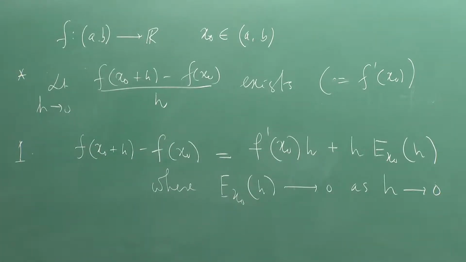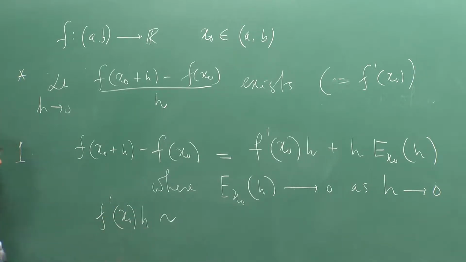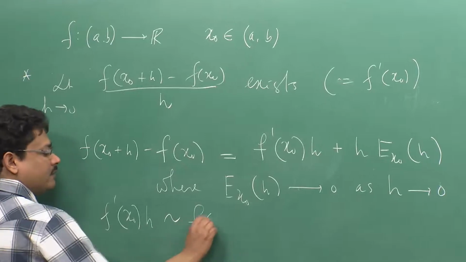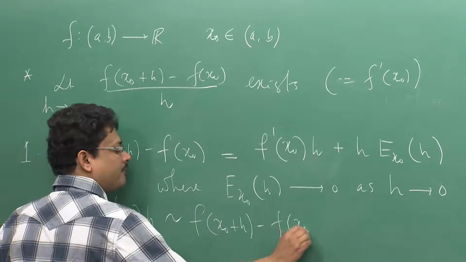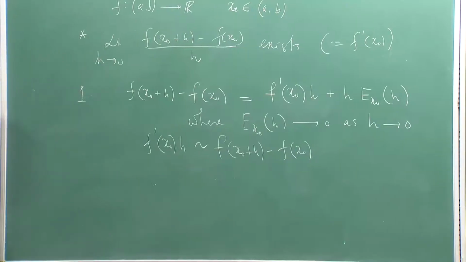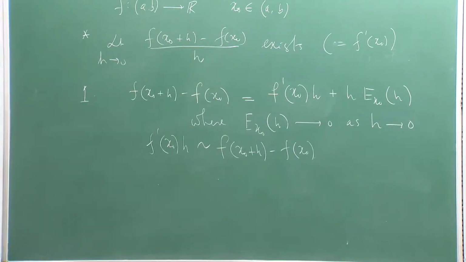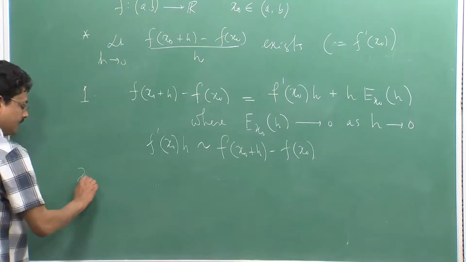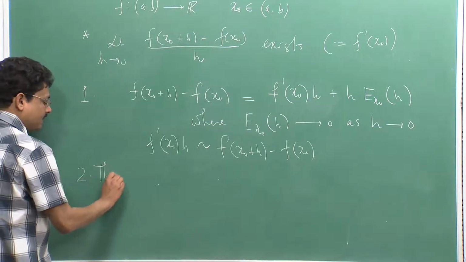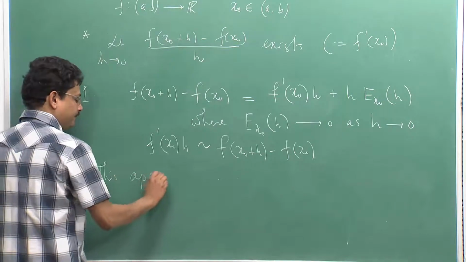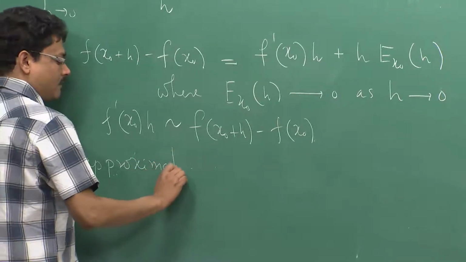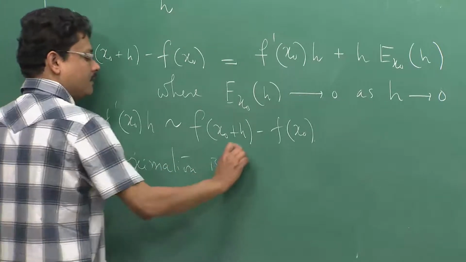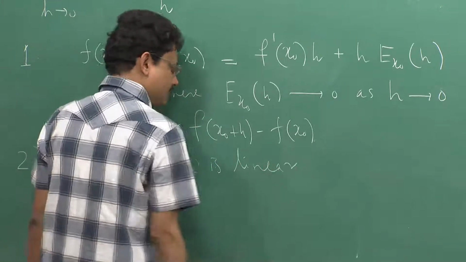So, that means to say f prime x naught into h approximates this increment f of x naught plus h minus f of x naught, in this sense. And second, this approximation is linear. What does it mean?